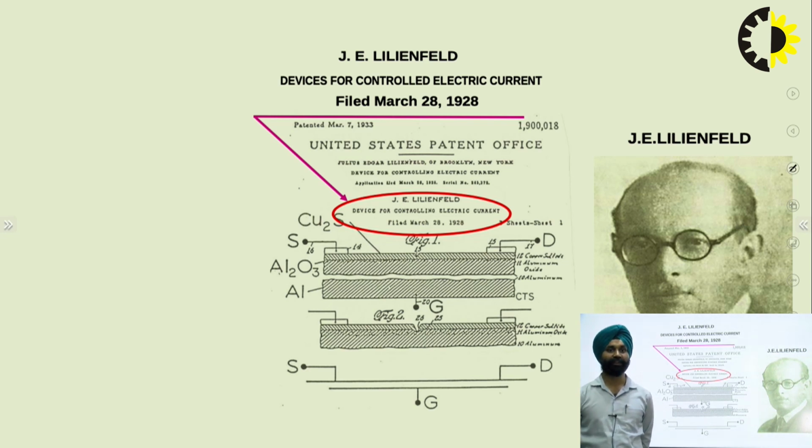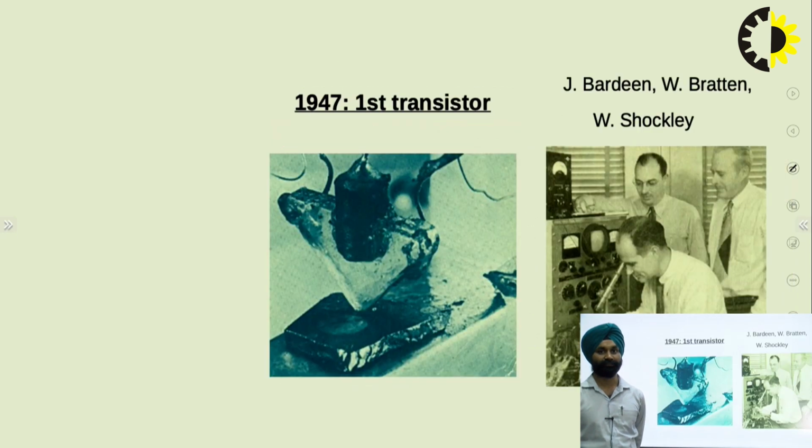They created a drain, source, and gate arrangement using aluminium, silicon, and aluminium and copper compounds. With this idea, there was a spark that we can create devices using silicon and some particular materials.